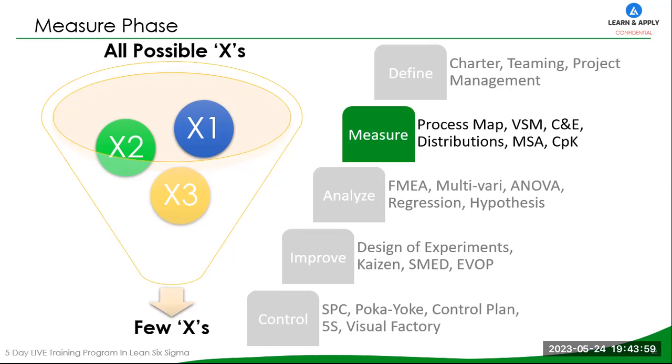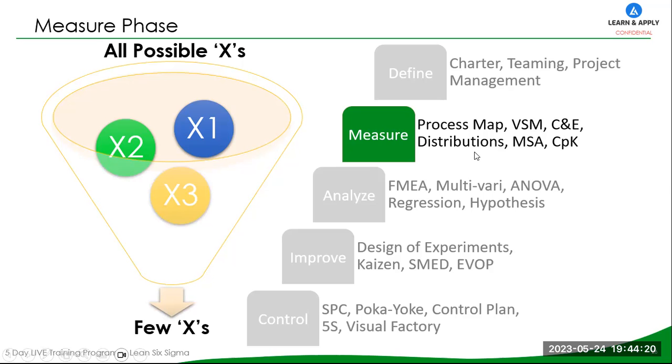The measure phase starts with data collection, and at the end we will have the statistical problem ready to solve. Here we use various tools, starting with process mapping: cause and effect matrix, value stream mapping, and spaghetti diagram.